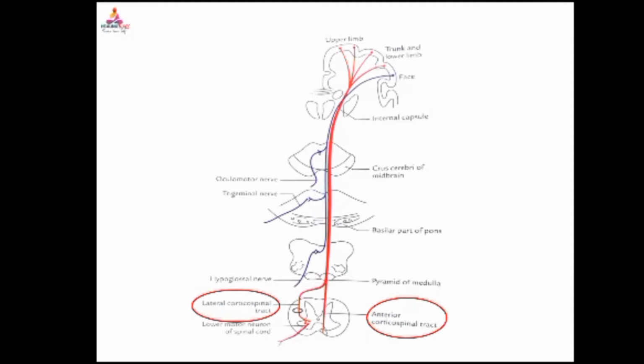In the lower part of the medulla, the majority of fibers cross to the opposite side at the pyramidal decussation and descend in the lateral white column of the spinal cord as lateral corticospinal tracts. About 20% of fibers do not cross. The uncrossed fibers descend in the anterior white column of the spinal cord as anterior corticospinal tracts.